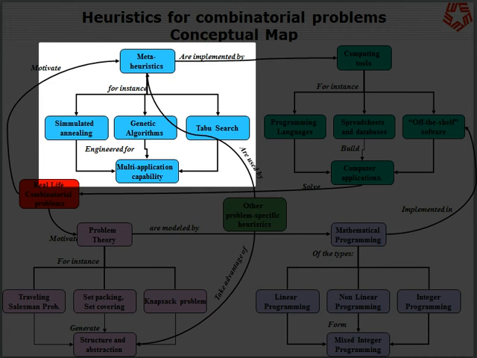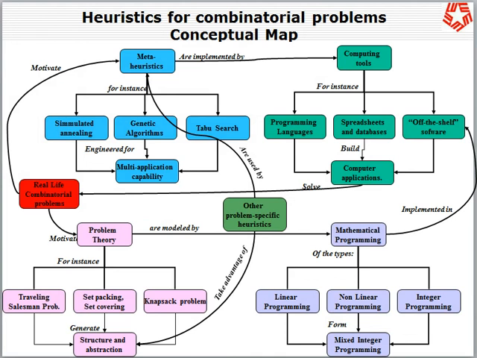In this graph, I am mentioning simulated annealing, genetic algorithms, and tabu search, but they are by far not an extensive list. This is just a few examples.